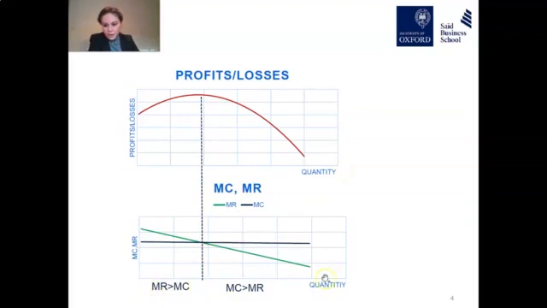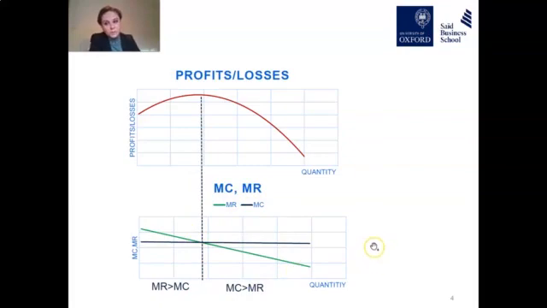And here I again have quantity on the x-axis. But this time on the y-axis, I have marginal cost versus marginal revenue, depending on what function I plotted here. So I have two functions here. The black one reflects the marginal cost as a function of quantity. And the green one is basically the marginal revenue as a function of quantity.